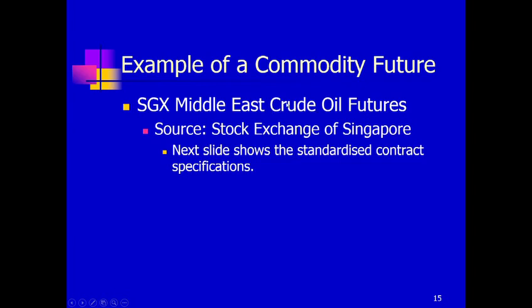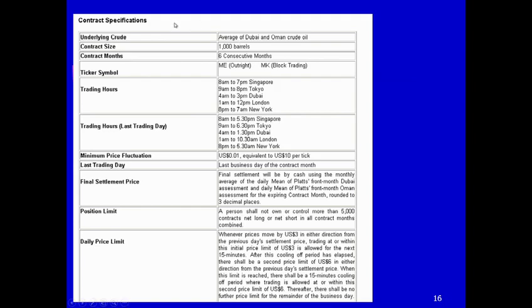As we know, petrol is a derivative of crude oil. And the largest exchange for setting crude oil prices in Asia and Australia is in Singapore, and it's referred to as the Middle East Crude Oil Futures Contract. It's traded in Singapore. It's a standardized contract. Now you might think, well, that's a bit strange, because I never knew Singapore produced oil, right? It doesn't, of course. We have to look at the contract specifications.